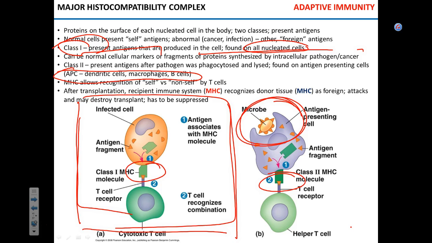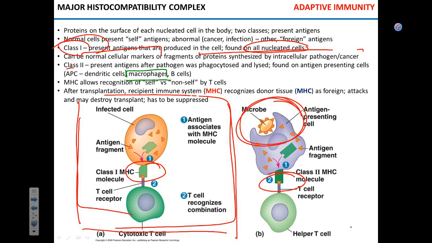Now think about this. Again, MHC class 2 is found only on antigen-presenting cells, which are dendritic cells, macrophages, and B cells. We've already encountered macrophages, the component of innate immunity, but it turns out it is linked to adaptive.